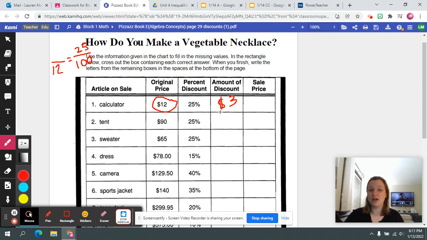If I could only pay $3 for the calculator, that would be great, but that'd be a much bigger discount than 25% off. So once I have that $3, I subtract it from the original price. My sale price, which is how much you actually have to pay, is $12 minus $3. So the new amount would be $9 for that calculator.